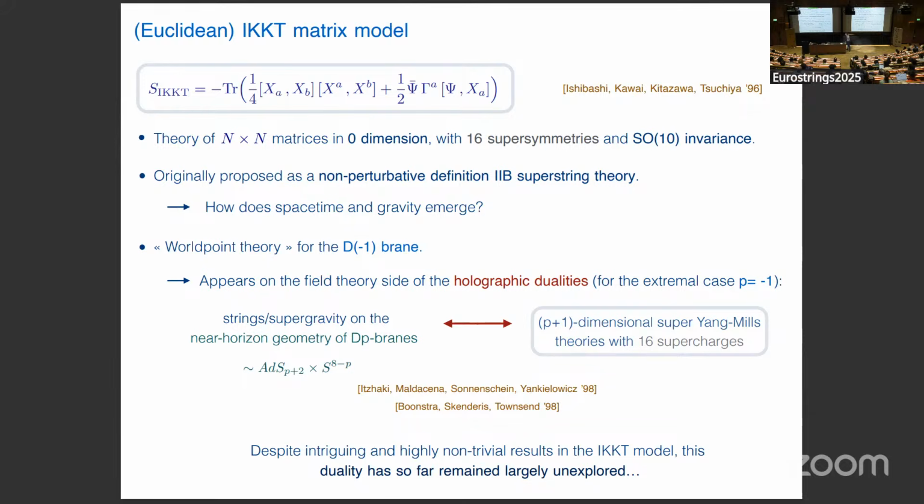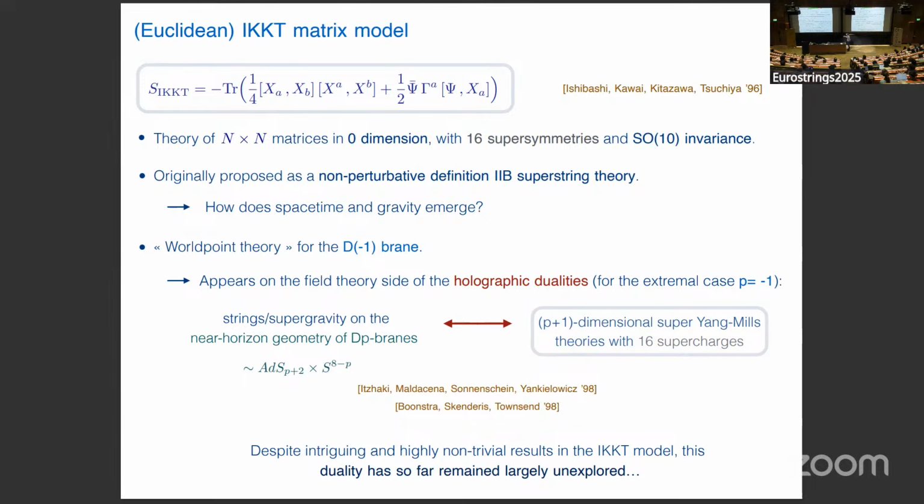The holographic dualities that are relevant here are the ones that relate string or supergravity theories on the near-horizon geometry of Dp branes, which is of the form of an AdS spacetime in p+2 dimensions and a sphere factor in 8-p dimensions. This side is related to p+1 dimensional super Yang-Mills theories with 16 supercharges.